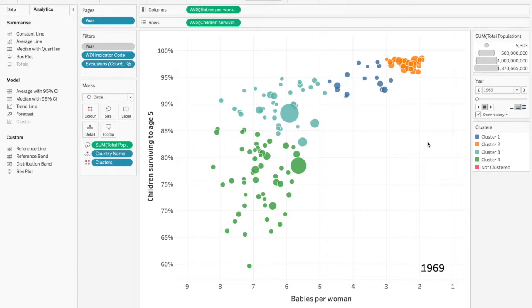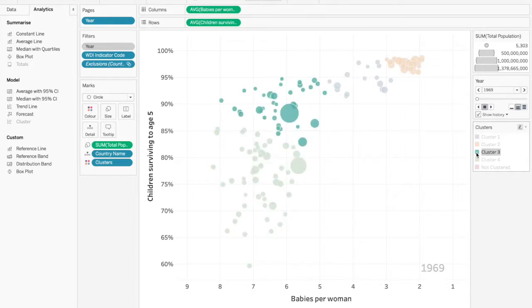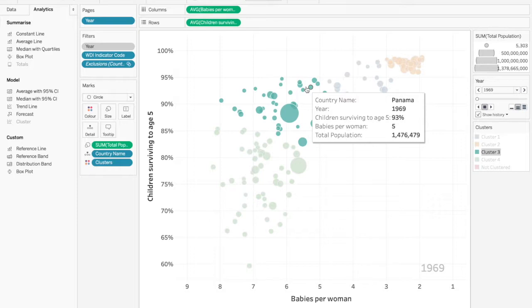And what I see immediately is that on the left-hand side, instead of 1 cluster, developing, there are actually these 2 clusters. So cluster 4 here, the nations shown in green, we can see that there's a high number of babies per woman, and actually there's very poor survival outcomes. But cluster 3 have roughly the same family sizes, but you have much better health outcomes.